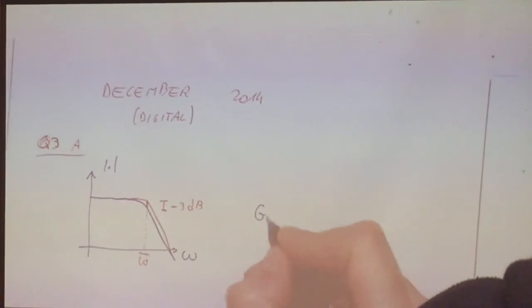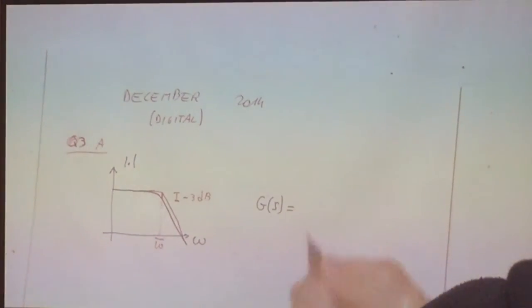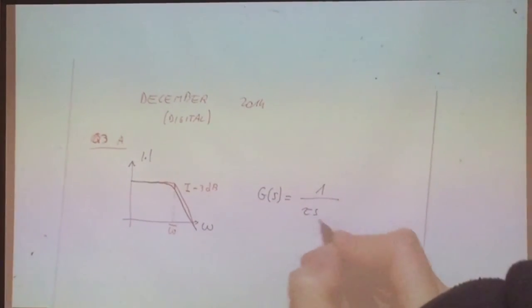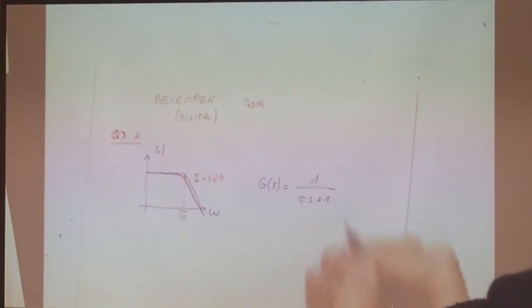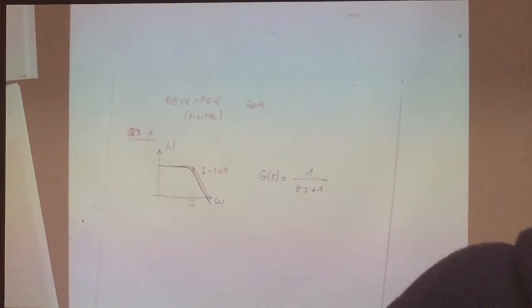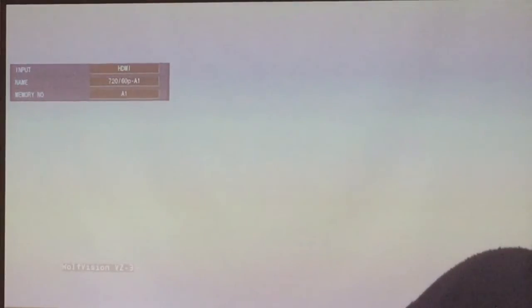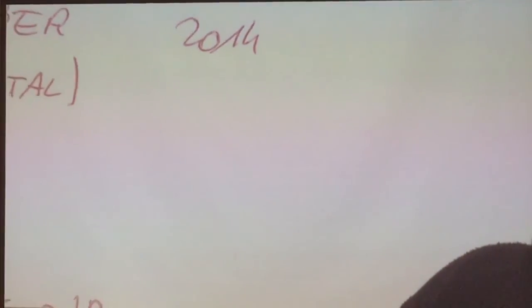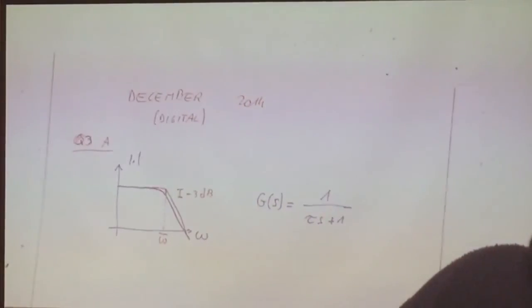A first order low pass filter has a transfer function that looks like 1 over tau s plus 1. Let's see, I start.